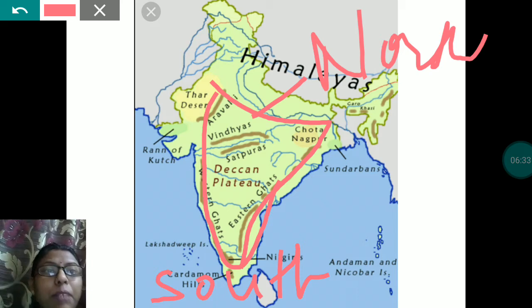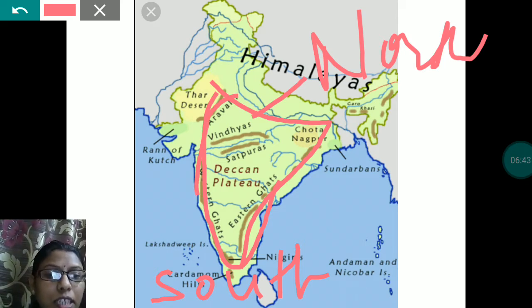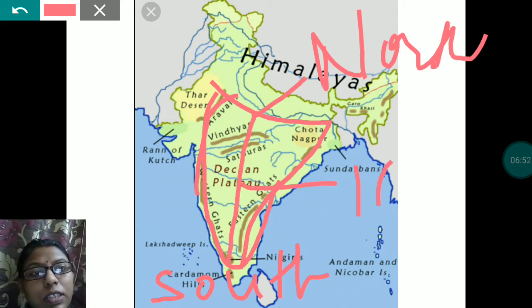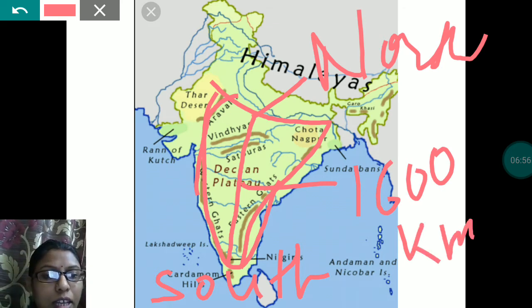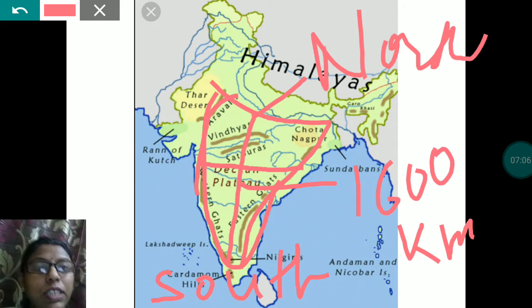It covers a major part of India. You can see, it covers a major part of India, and its length is about 1600 kilometers from north to south. And its breadth, this distance, is about 1400 kilometers east to west.